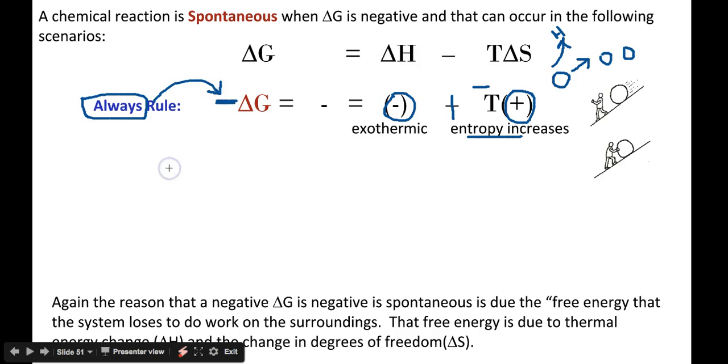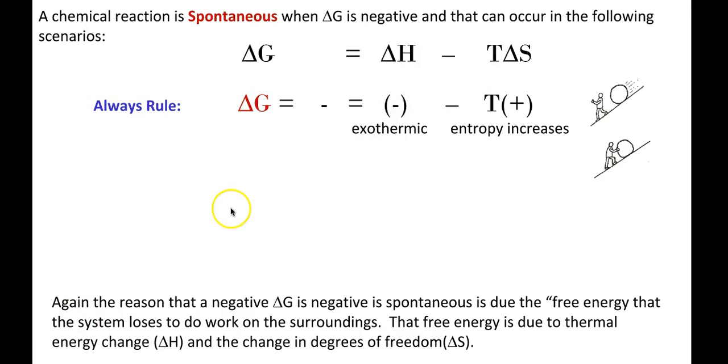So what's the negative rule? Well, the negative rule looks like this, maybe. And here's a scenario where delta G equals a positive value. Why? Well, now we're endothermic, which means that the energy is going into the reaction. That means that the surrounding gas molecules go slower, and therefore they're not dispersing energy anymore.